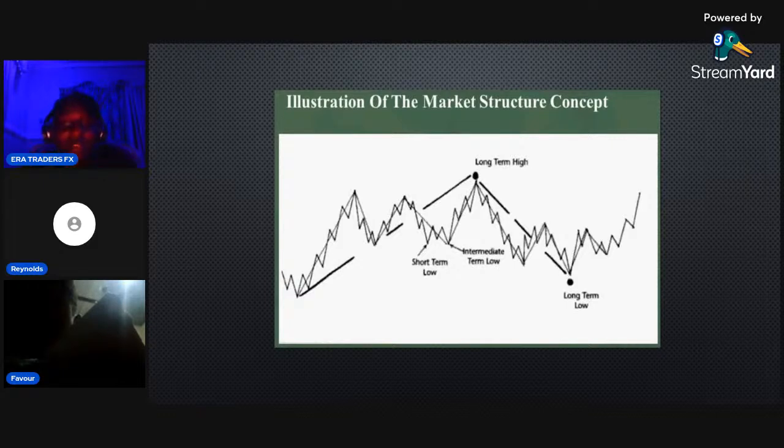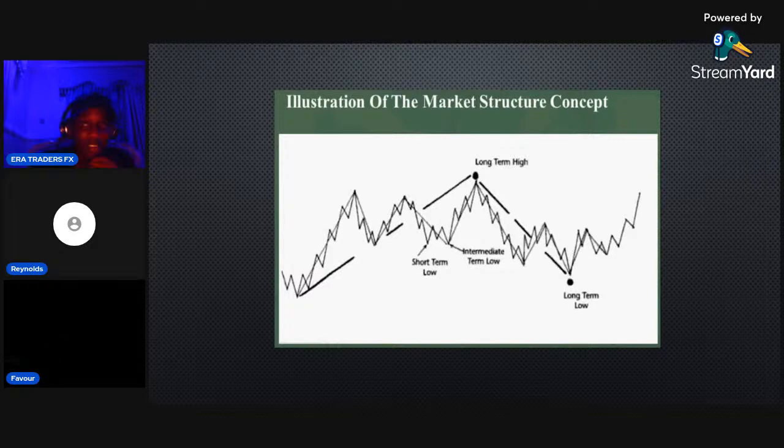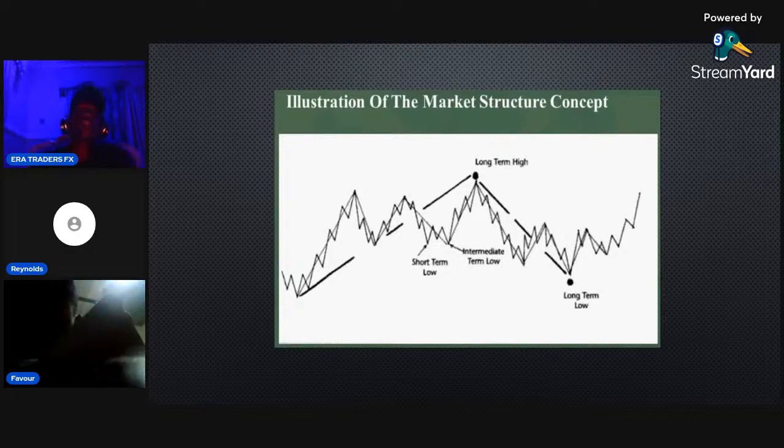One of the things I want to give is the first assignment: you just go to TradingView Deriv. For those of us that want to trade currencies, you can also go to plain TradingView, where you'll see currency pairs like EUR/USD, GBP/USD and all that. Go to those pairs and mark out structure on your daily time frame.